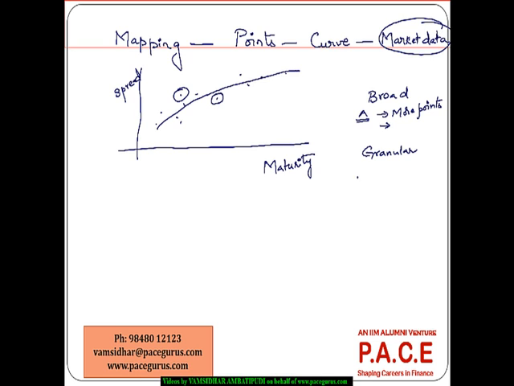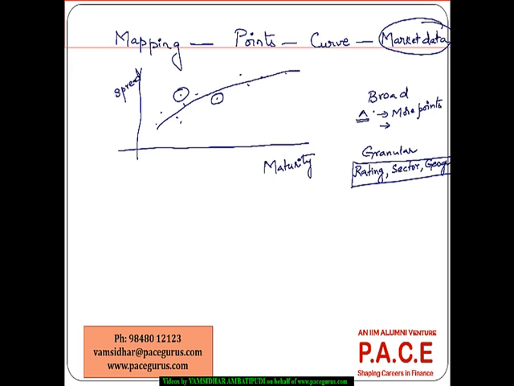But if I come to granular, I try to plot this kind of a curve specific for each rating, okay, A rating. And within that A rating, I may look at the sector, okay, all pharmaceutical companies, all companies in the IT industry. Or I can look at geography wise, Indian companies versus companies in the United States.